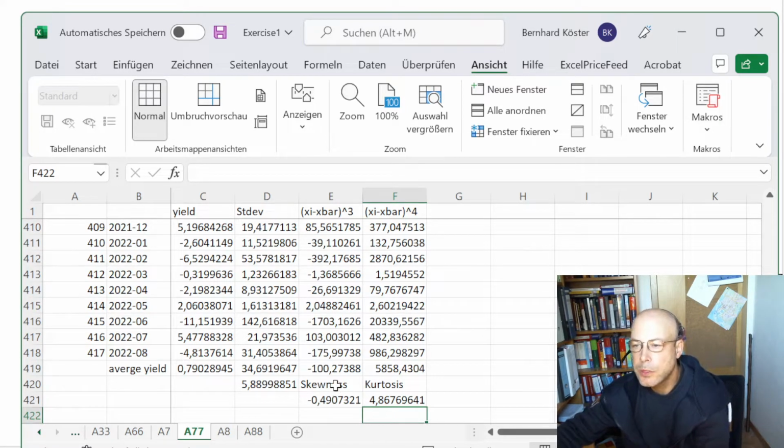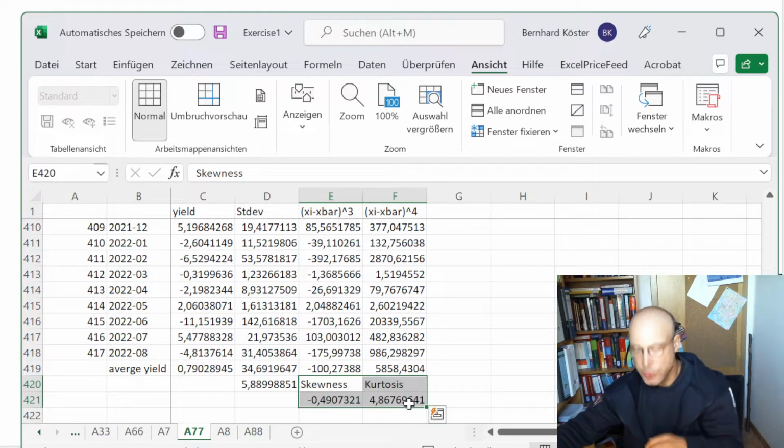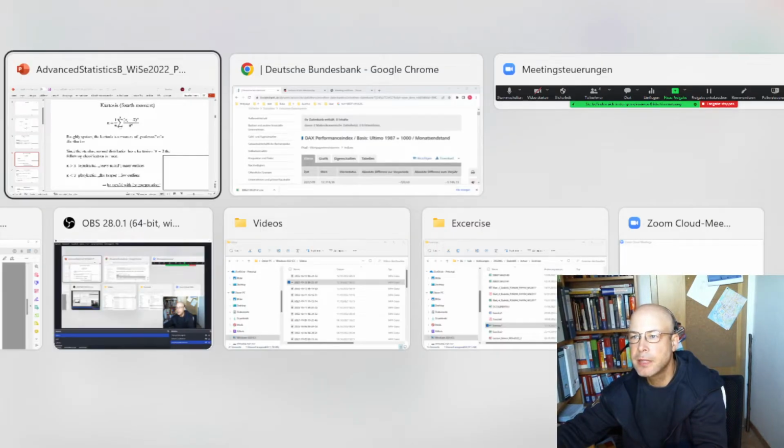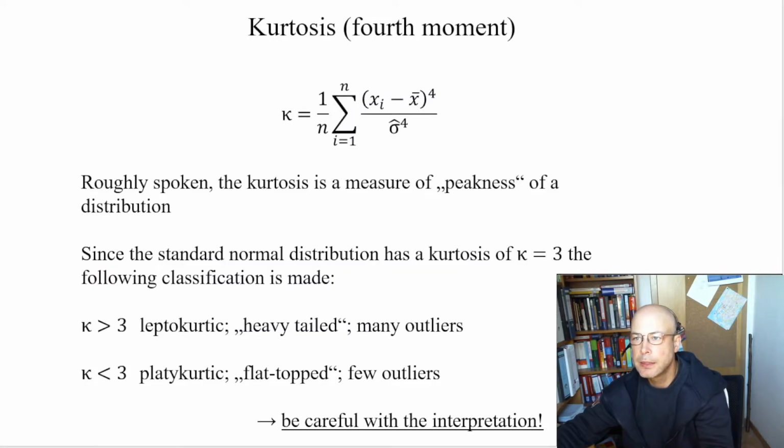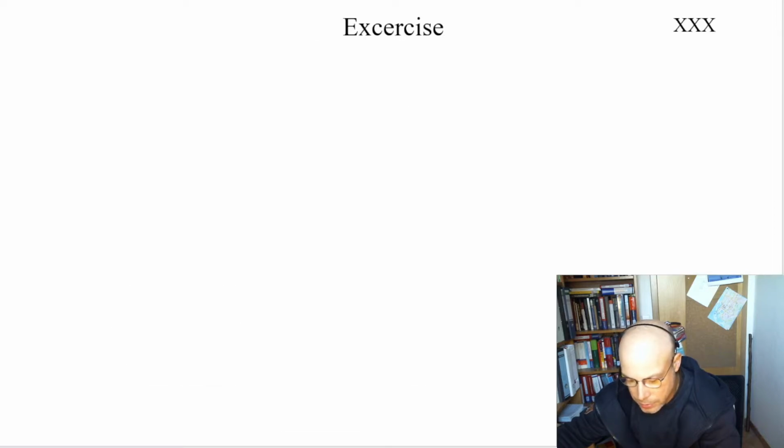And now we want to interpret these two numbers we have got. Go to our exercise.